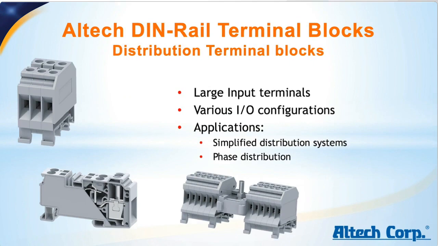Another group of terminal blocks are distribution terminal blocks. As the name suggests, they are used for simple distribution systems, distribution applications. These terminal blocks usually come in various I/O configurations. They are available in 2, 3, 4, 6, 8, 12, 24 I/Os.